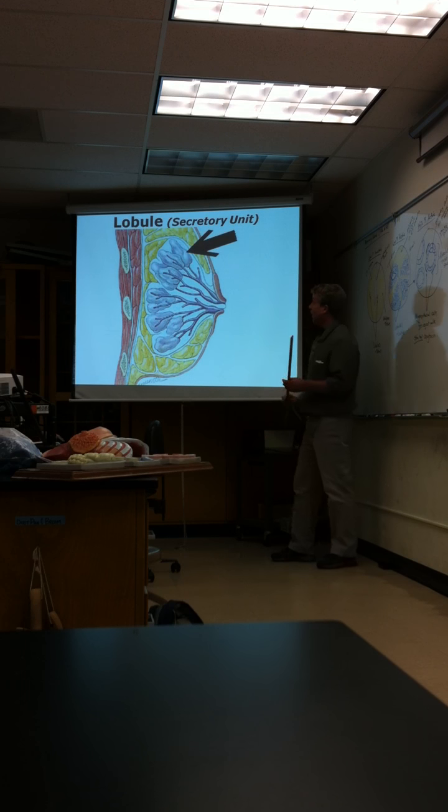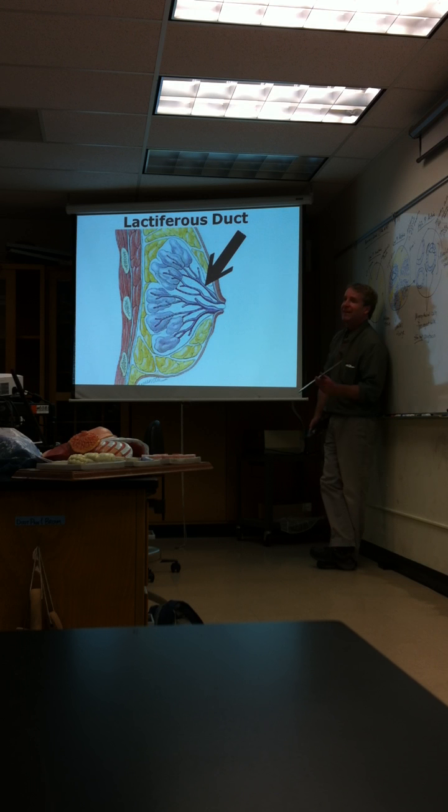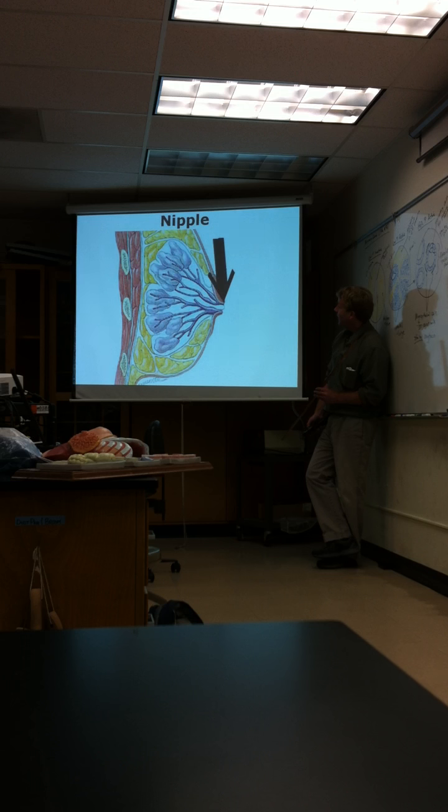We'll get to them on the model in a little bit. The milk will be transported in the lactiferous duct. Our book mentions the mammary duct, but we're simplifying and calling this whole duct the lactiferous duct. There's a lactiferous duct, and then you have the nipple right there.